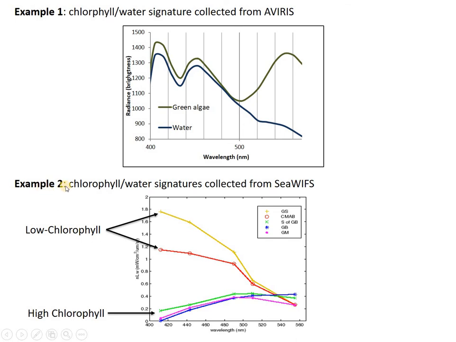Okay, below in example 2, we have chlorophyll and water signatures collected from SeaWiFS, okay? And as I just mentioned, there were 8 spectral bands. We've only got 5 of them shown here on this plot. But here's what a low chlorophyll or a water sample looks like in SeaWiFS, right? You only have 1, 2, 3, 4, 5 data points connected by lines.